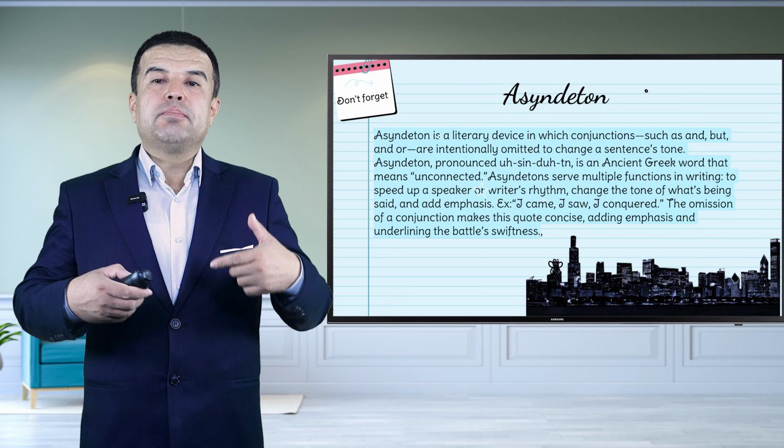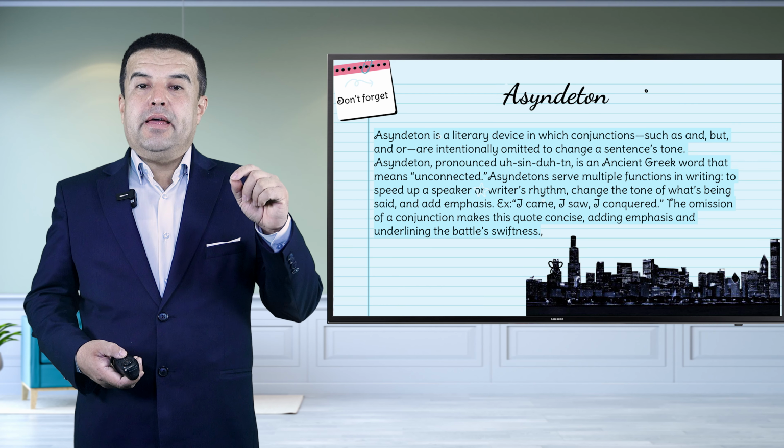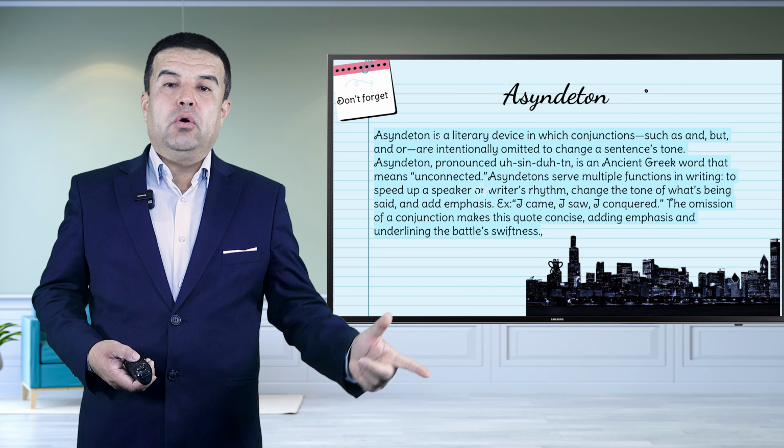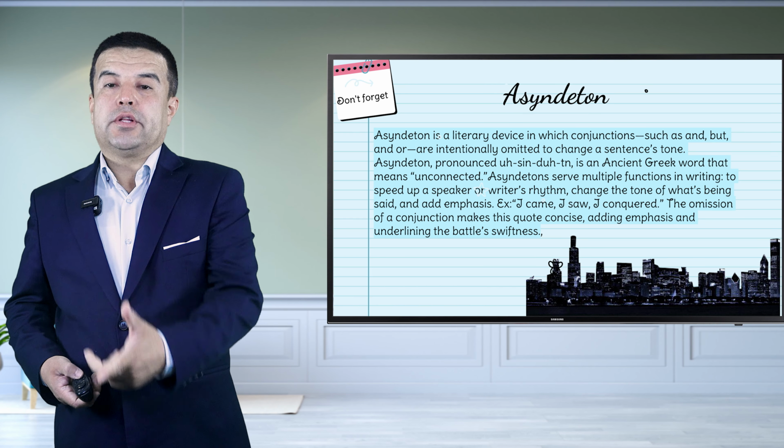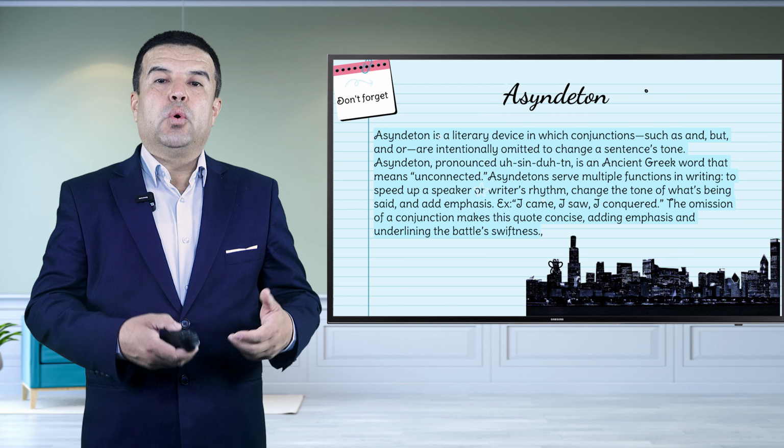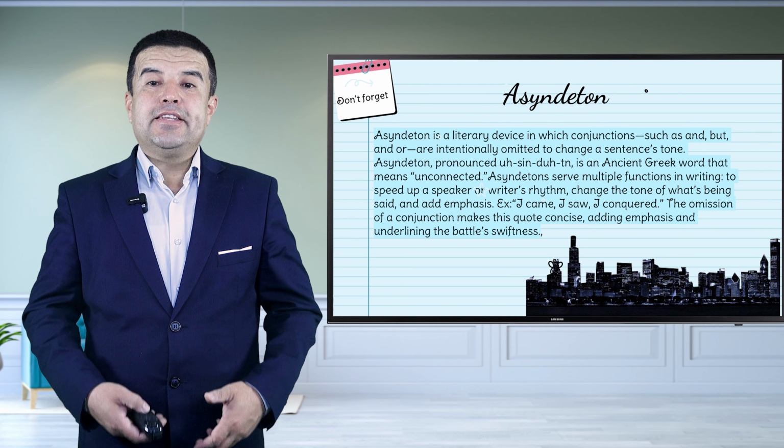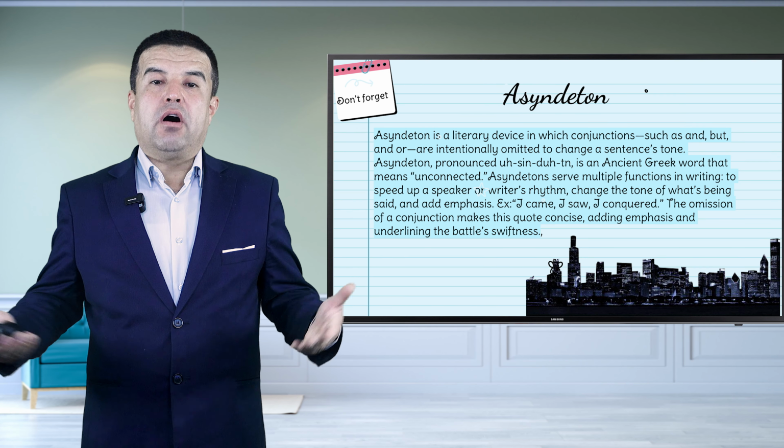For example, one of the most famous examples: I came, I saw, I conquered. The omission of conjunctions makes this quote concise, adding emphasis to the underlying battle swiftness.